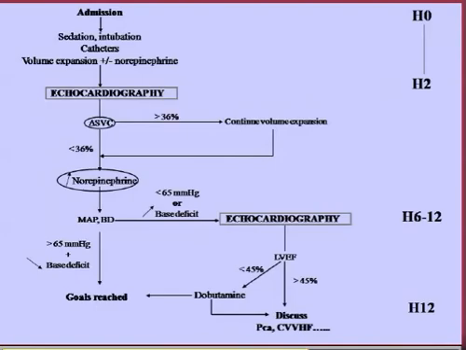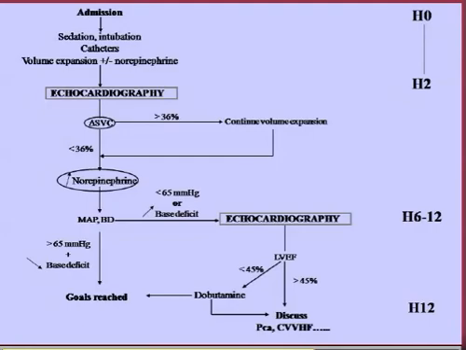And you have to see how is the fluid responsiveness of the patient, maybe by using the SVC collapsibility index, but you have many parameters which were published using transesophageal or transthoracic echo. And if you have fluid responsiveness, probably you have to continue volume expansion if the shock is not resolved.